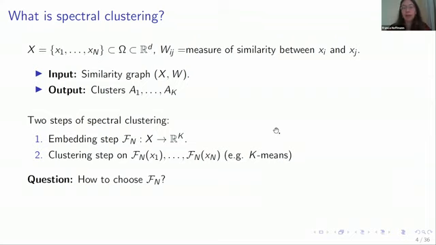And so the idea is that we choose this embedding map F in such a way that it makes the clusters more apparent, so that a very simple clustering algorithm such as k-means could easily detect the clusters. And so of course the key question then is how to choose this embedding map F. And on the other hand, because you have these two steps, it also makes these spectral clustering procedures more difficult to analyze and really to give guarantees about the behavior of the algorithm. So this is where the graph Laplacian comes in.